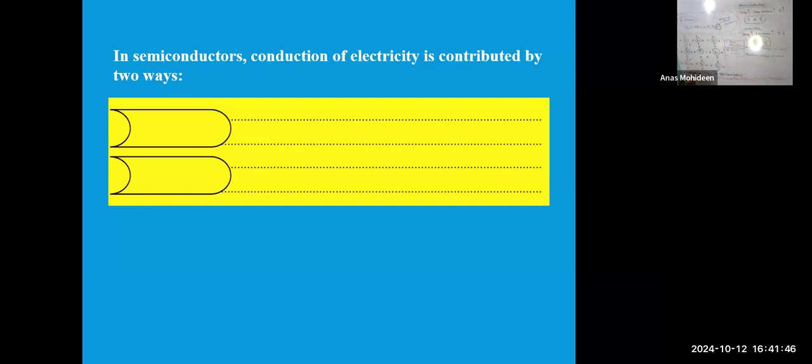The next one, free holes. Right there, write: free holes act as the positive charge carriers. Positive charge carriers. Okay.